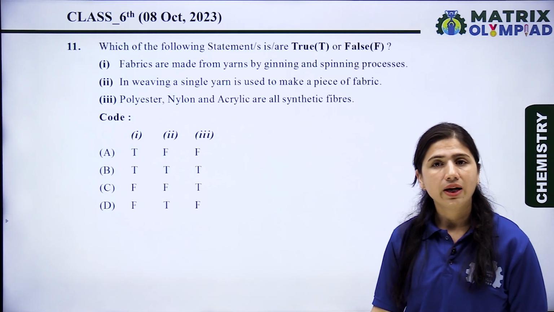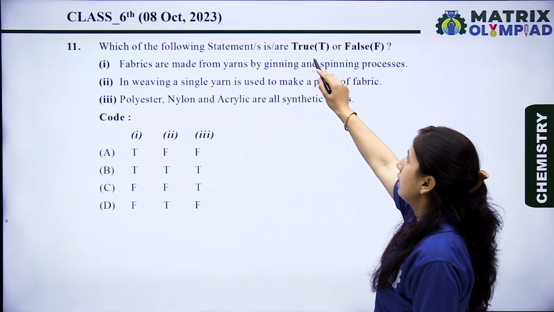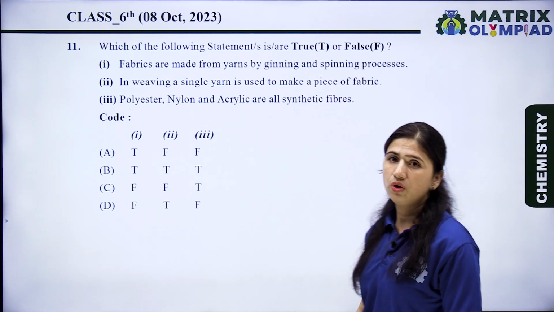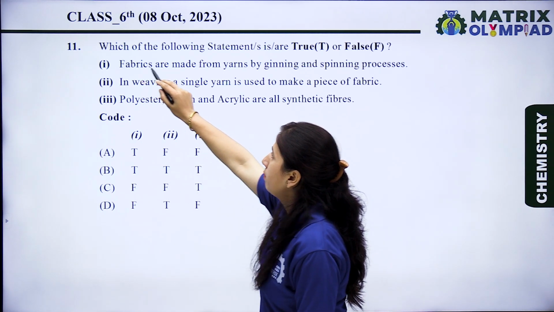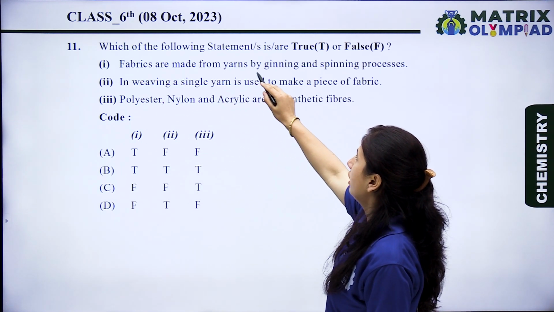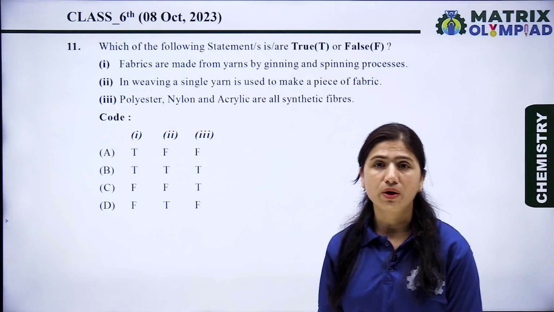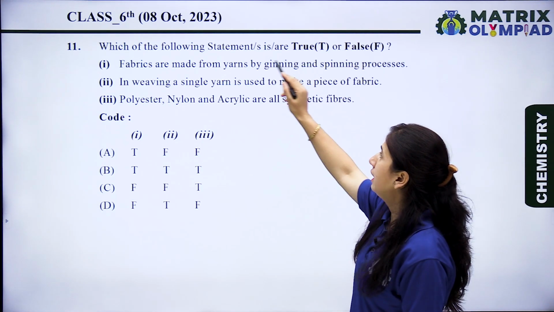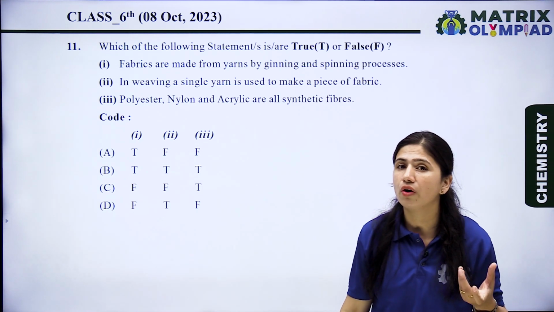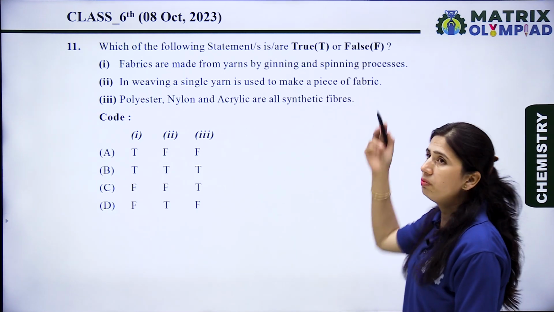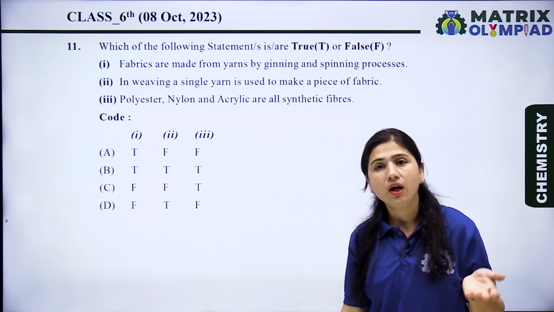Okay, now let's see the next question. Which of the following statements is or are true or false? Okay, now let's see the first option. First option is fabrics are made from yarn by ginning and spinning process. No, this is a wrong statement, because we know that ginning is a process to form fiber from the seeds of cotton ball, and spinning is the process when yarn is produced from the fiber.